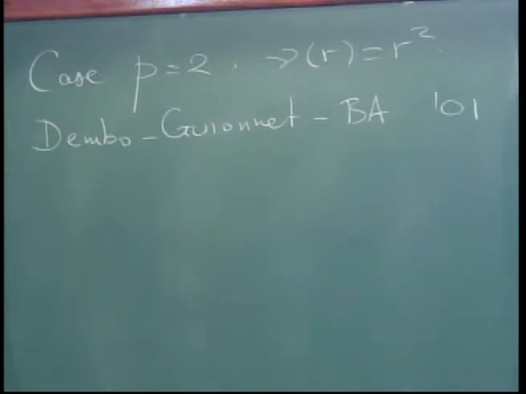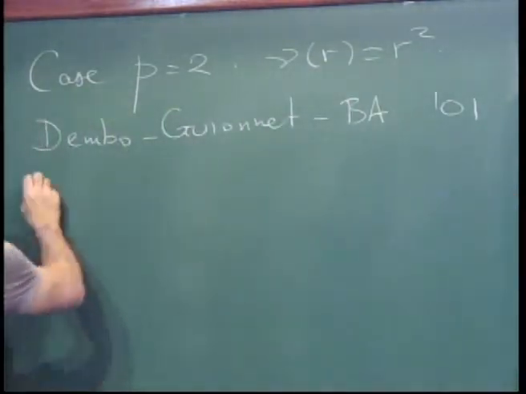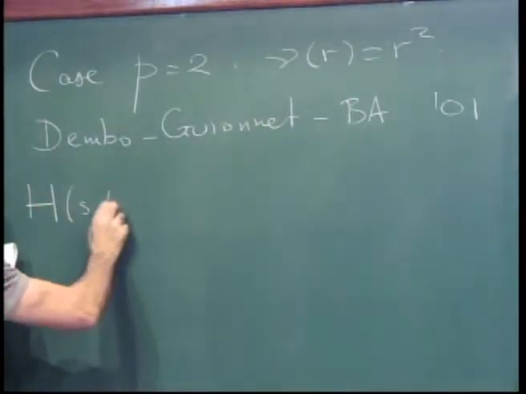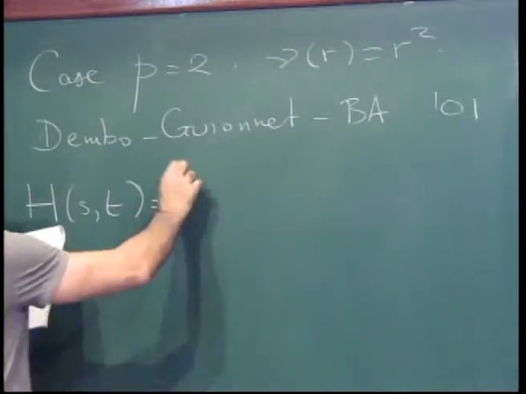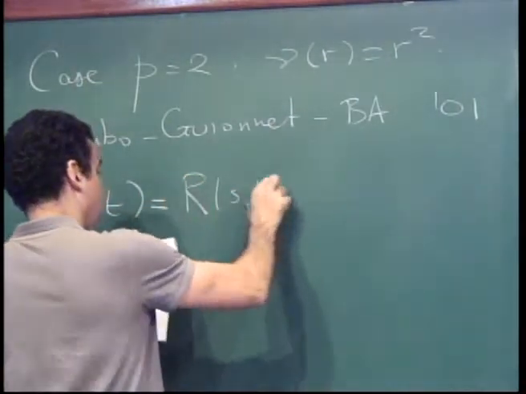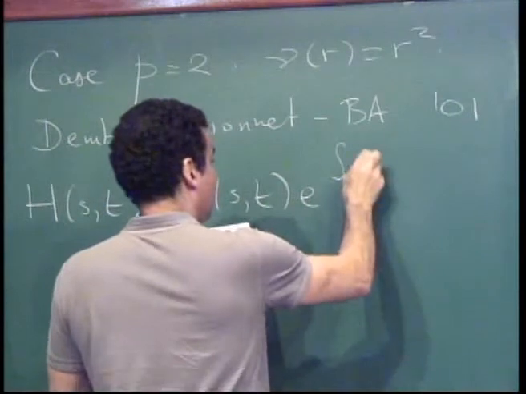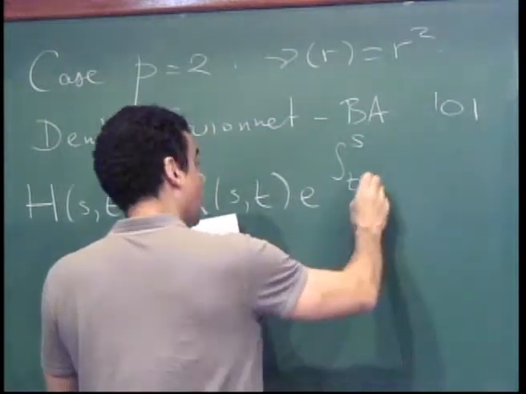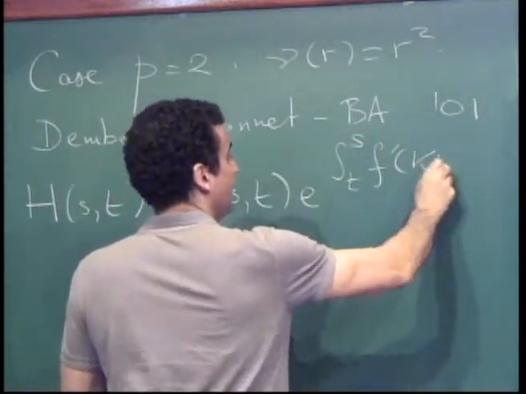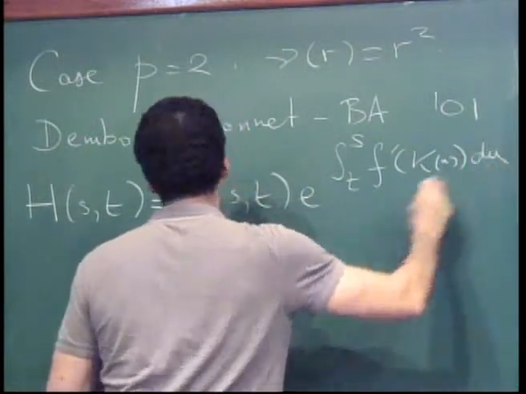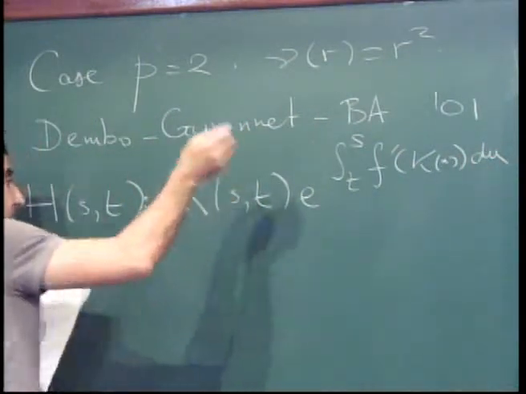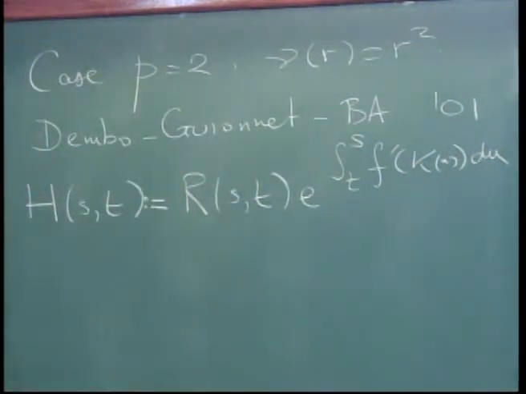So if you take nu equals R squared, you find the following. If you define h of st to be r of st times the exponential of the integral from t to s, of course t is always smaller than s here, of f prime of k of u du, define this function, which is an integrating factor for the equation over there.